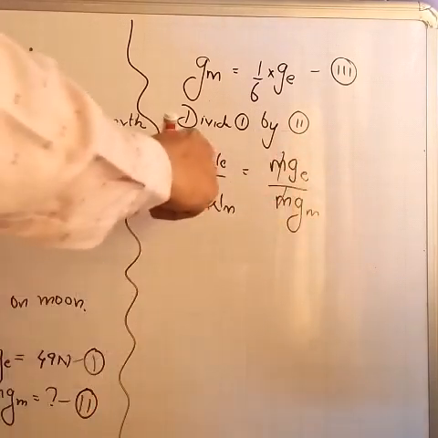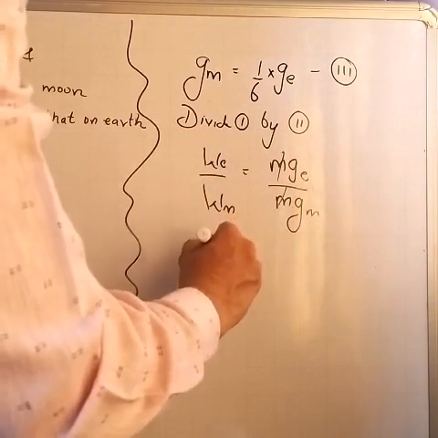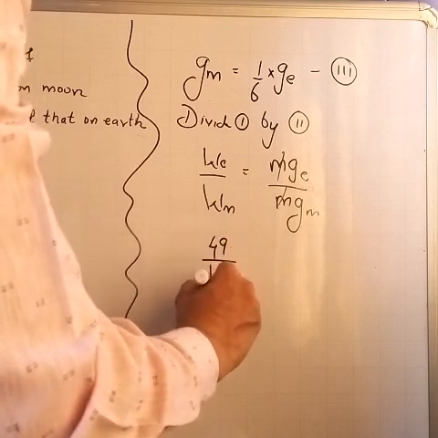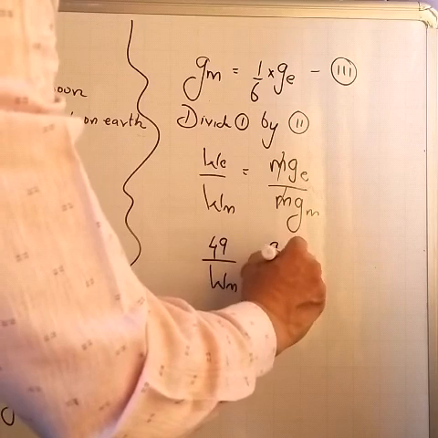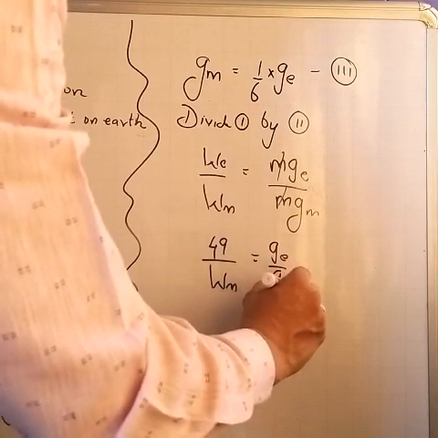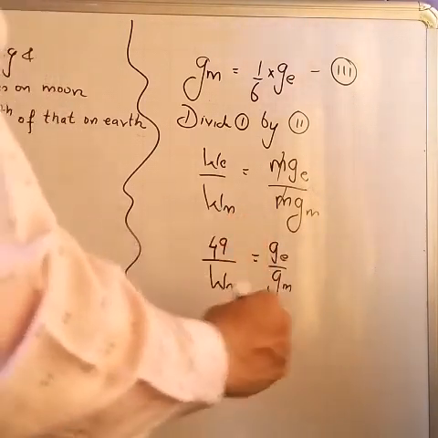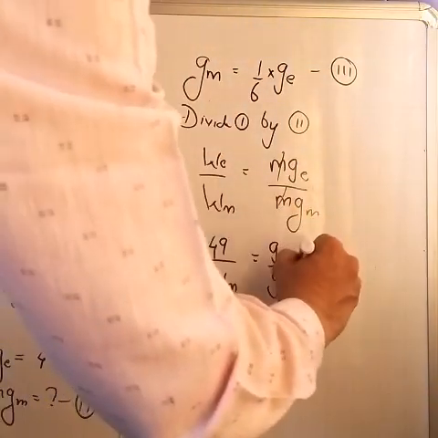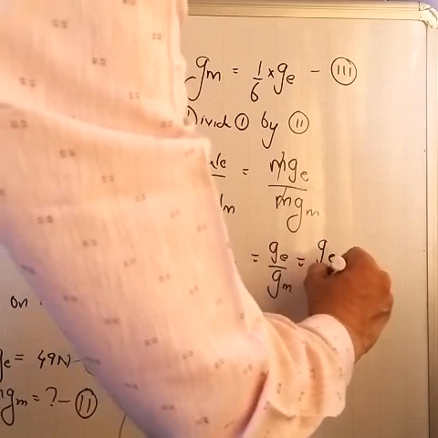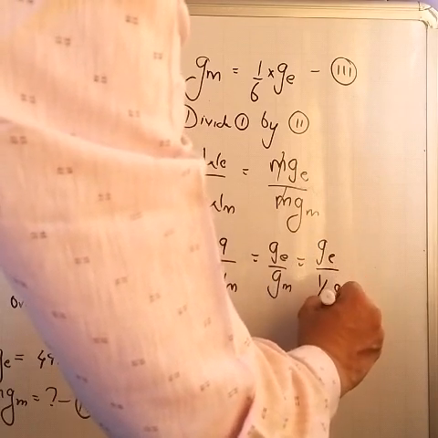Now value of WE we already know. It is 49 upon WM equal to GE upon GM. But from equation 3 we know GM is 1/6 of GE.